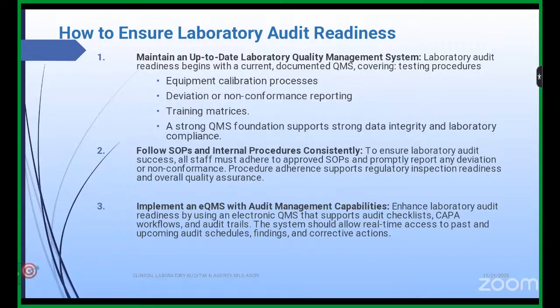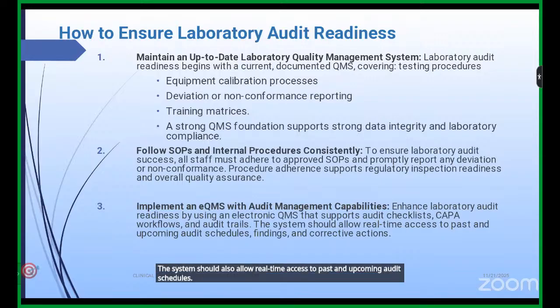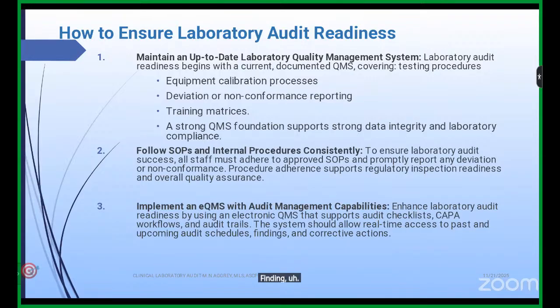We need to check our workflows and audit trails. So the system should enable us, should support our audit checks and balances, should support audit checklists, CAPA, workflows, and audit trails. The system should also allow real-time access to past and upcoming audit schedules, findings, and corrective actions.